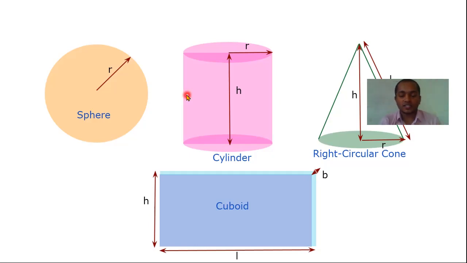That's how we multiply 2 pi r into h and get the surface area of a cylinder. So basically, the surface area of a cylinder is nothing but the circumference of the circle into the height.